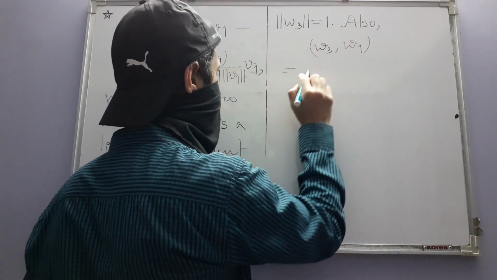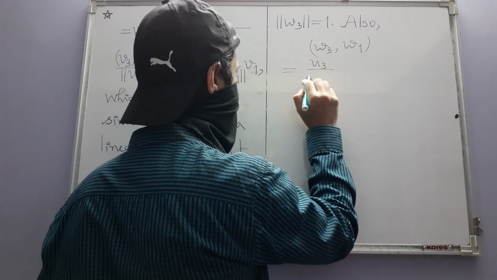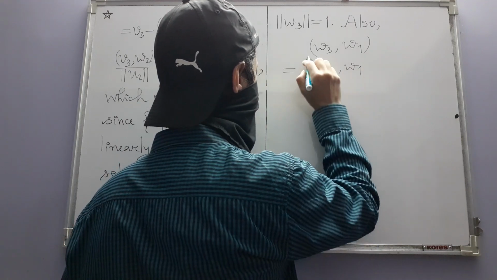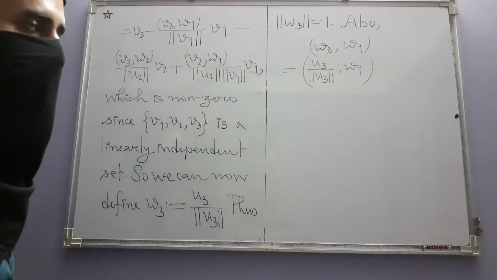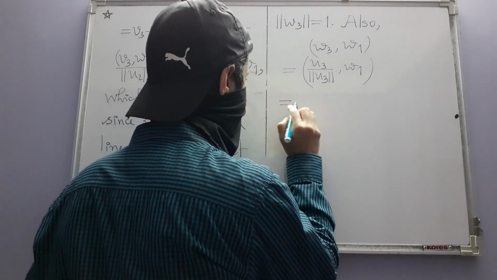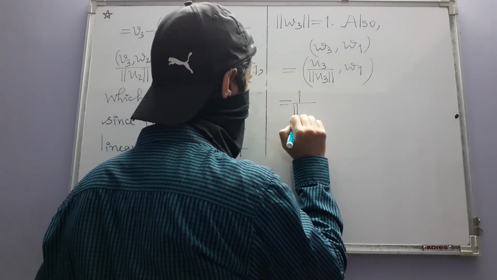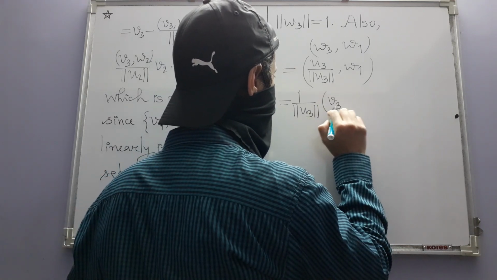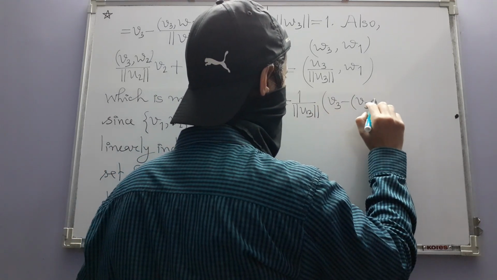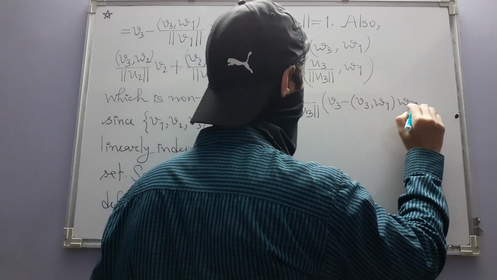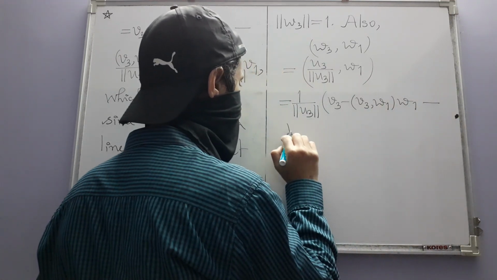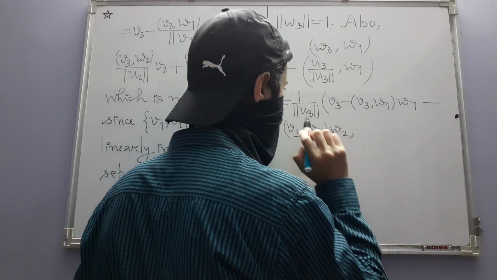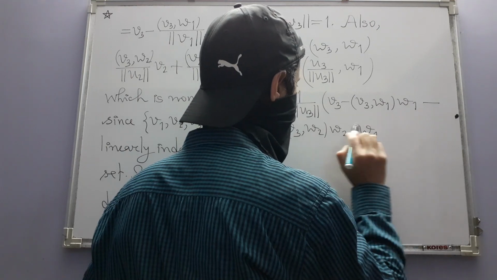But instead, w3 is u3 divided by its length and then its inner product with w1, minus, and w1.